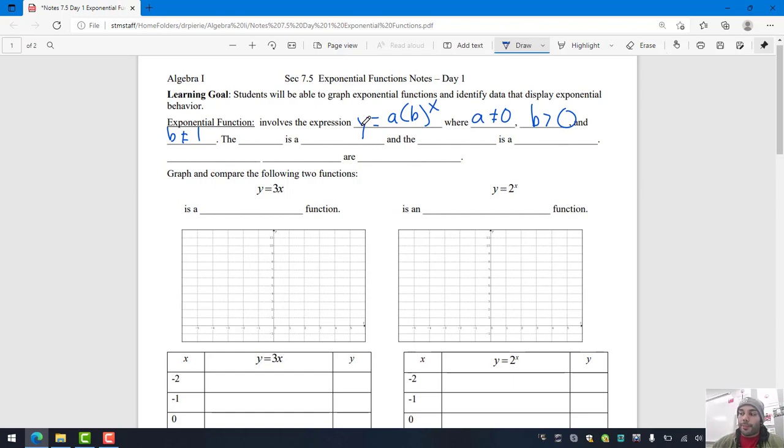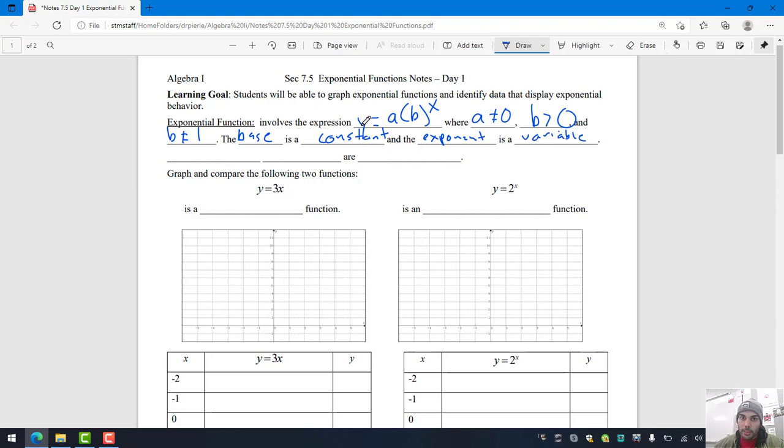A couple other things about these numbers, a and b. The base is a constant. What a constant means is it's just a number. We've said that over and over again. And the exponent is a variable.